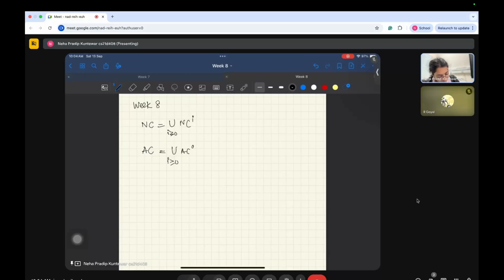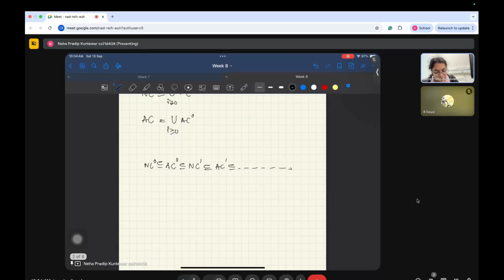Currently the picture we have is that NC0 is contained in AC0, which is contained in NC1, sorry, AC1, and so on. So this is an infinite hierarchy, but there are things inside this and things outside this.